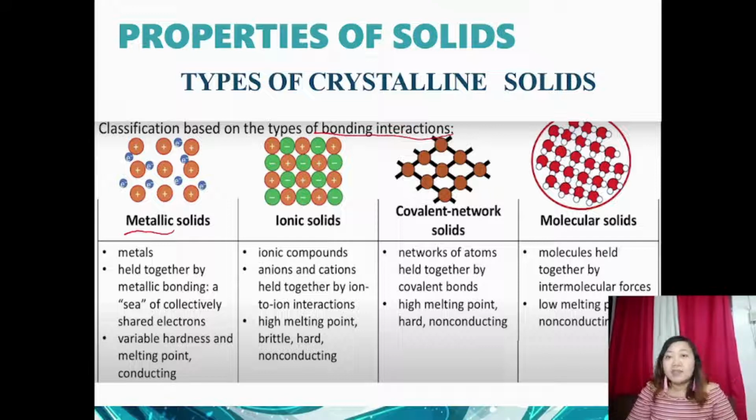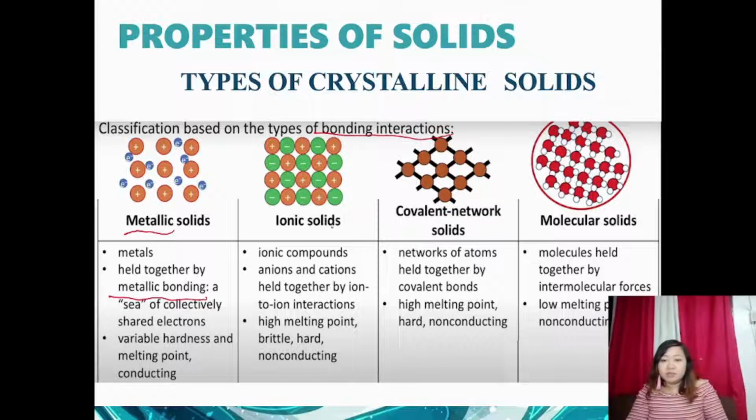Of course, from the name itself, you can identify that these solids are brought together by different types of metal atoms. So they are held together by metallic bonding, and they have variable hardness and melting point, and they are also conducting.